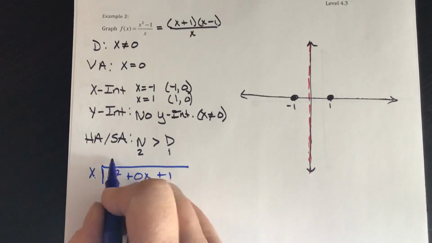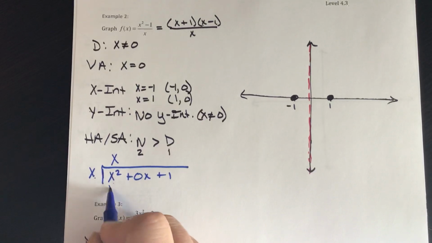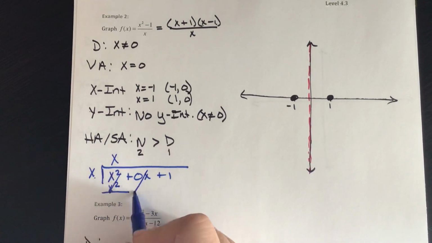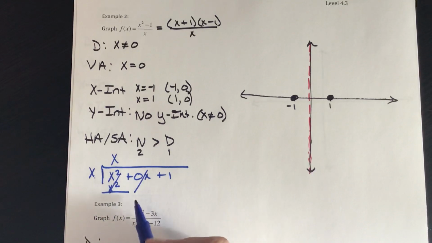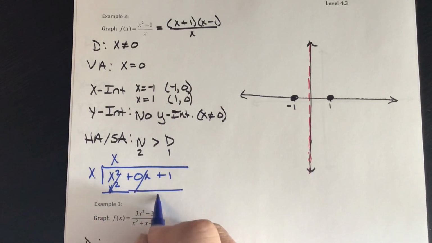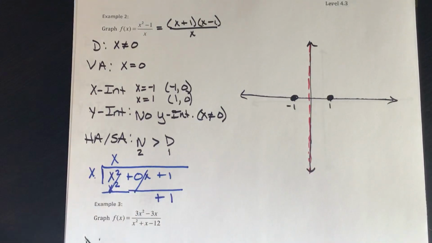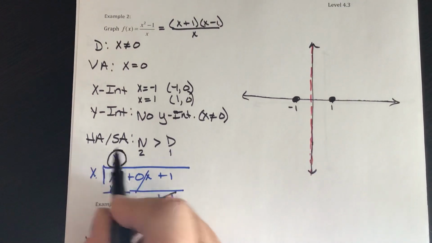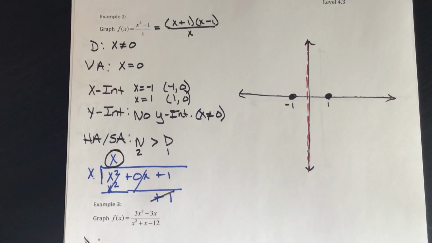I know x times x is x squared, so this is going to be x squared. Subtract, bring down the 0x, so that's nothing. And my remainder is going to be plus 1. Now our remainder doesn't have anything to do with our slant asymptote. We're just looking at the number we get when we divide. We don't care what's left over.